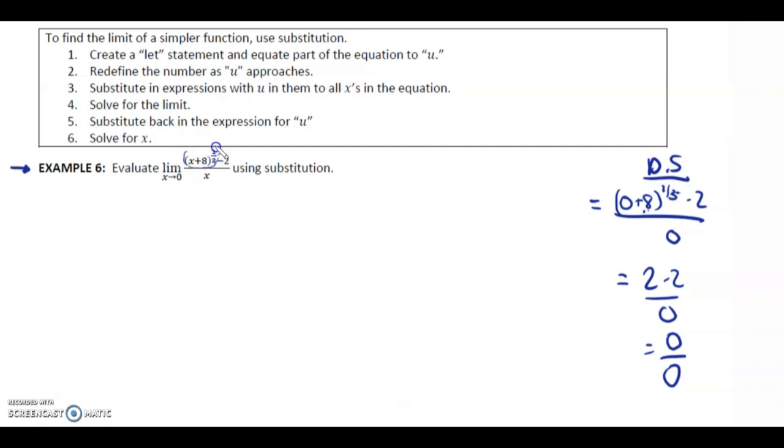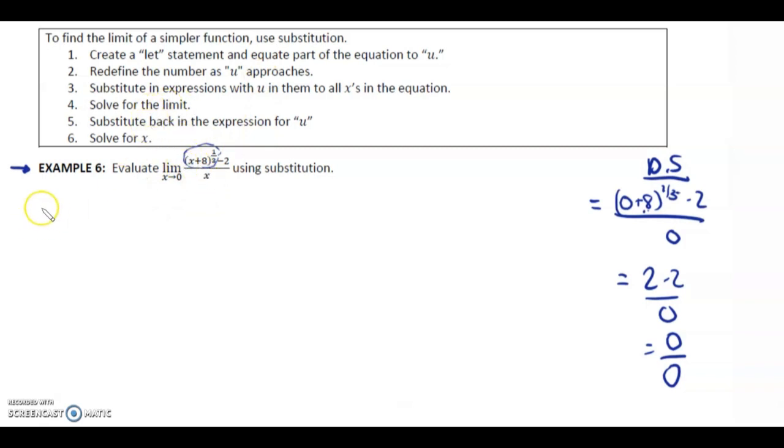if I take a look at this part of the function, it's really ugly. So the x plus 8 to the 1/3. So what we do in scenarios like this is we use something called substitution. So what we'll do is, number 1, we create a let statement to equate part of the equation to u.